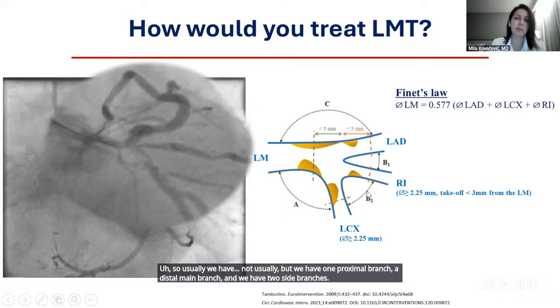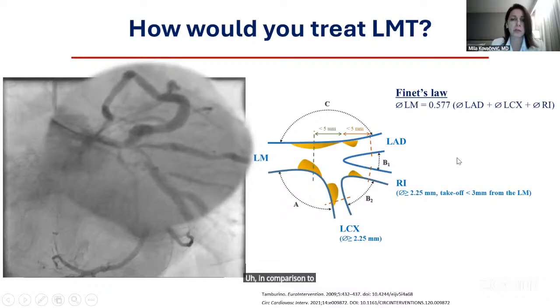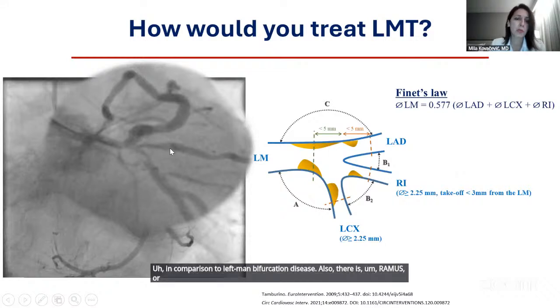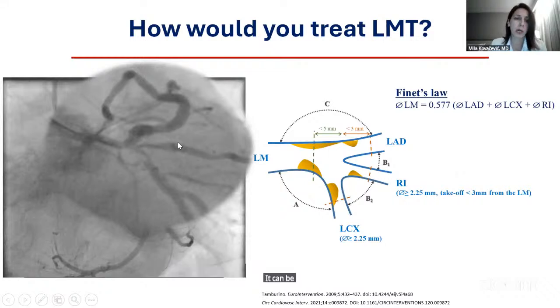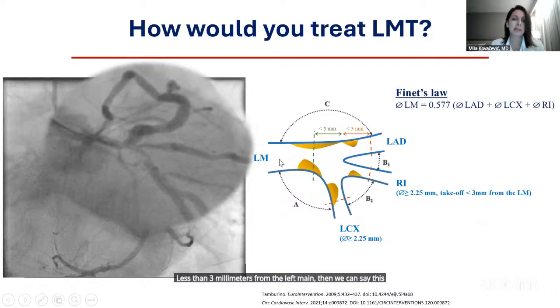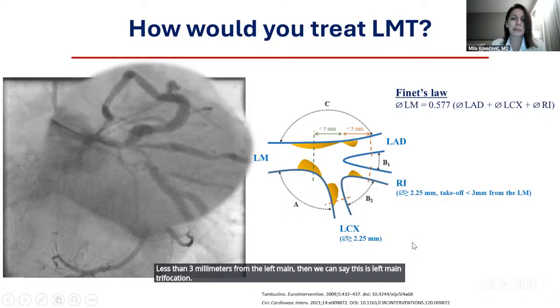Unlike left main bifurcation disease, we have several different angles, and also the Finet's law is different in comparison to left main bifurcation disease. Also, there is a ramus or high obtuse marginal branch. It can also be a high diagonal branch, but if this branch originates less than 3 millimeters from the left main, then we can say this is left main trifurcation disease.